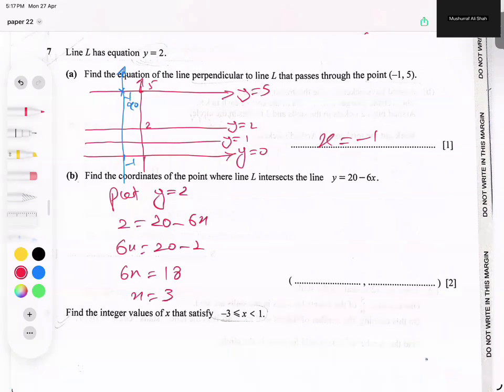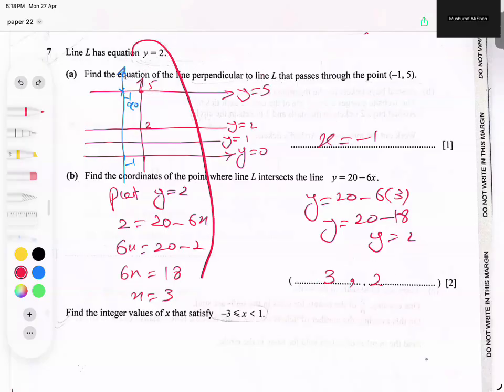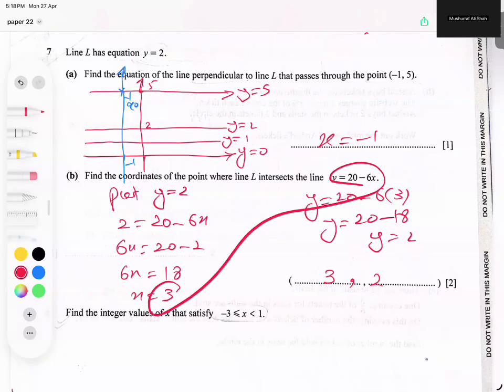So we have x, but he asked not only for the x coordinate. How do we get the y coordinate? y is understood to be 2. You may ask how you know, because if I plug it back here, 20 minus 6 times 3 gives 20 minus 18, and we get 2. What is y here? It is 2, and that is why we got y equal to 2 as well. So we have done it two ways, directly from there or by plugging into this equation. Both ways are okay.